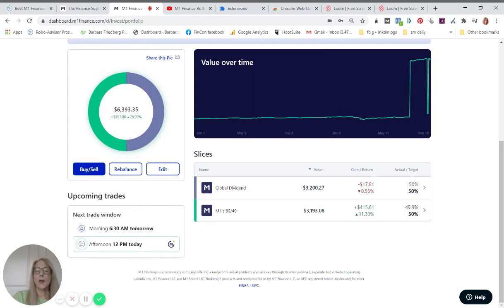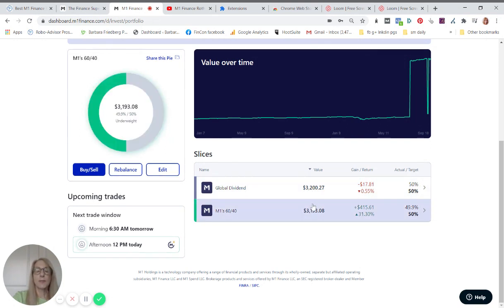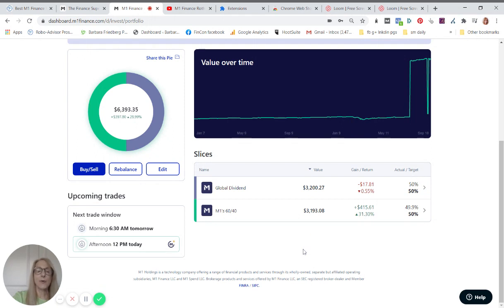So that's my thinking on this portfolio. You will be able to see how it progresses. I started out with $6,000, $3,000 in each, and over time we'll see how it actually grows.